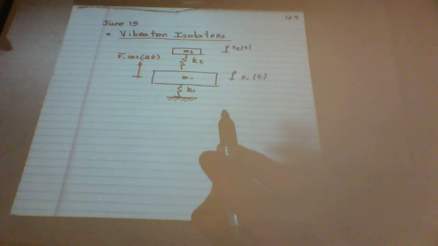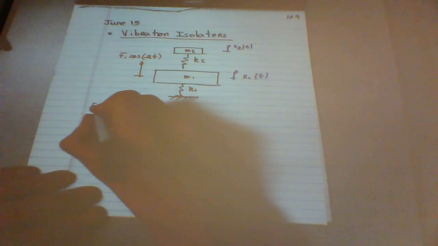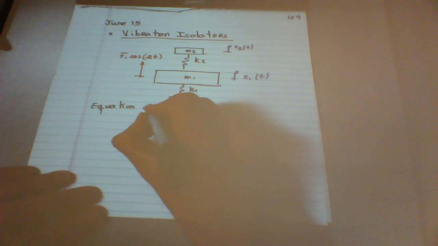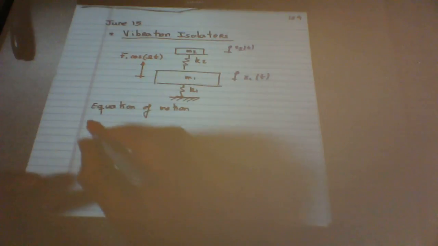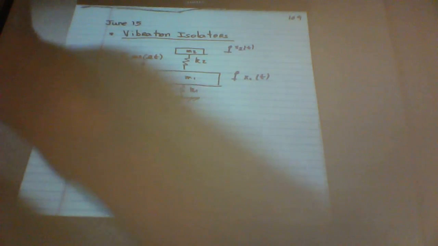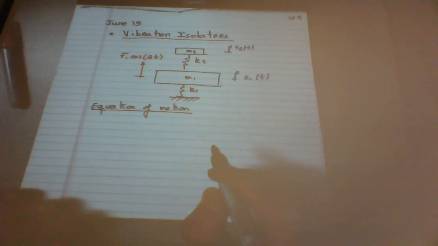All right, so what should be the procedure for this? First thing will be to find the equation of motion. Let's see how many masses we have. 2.